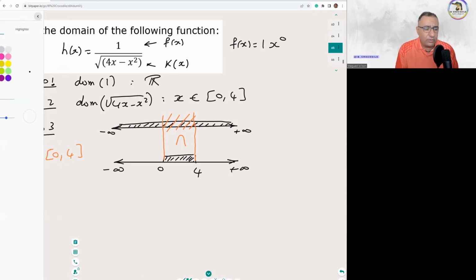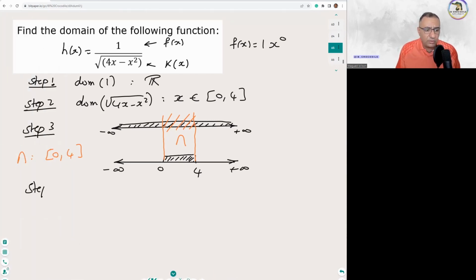Now, step 4, exclude the zeros of the denominator. So step 4, finding the zeros of the denominator. Why is that? Because you cannot divide by 0, otherwise it will be an undefined quantity, right? So what are the zeros?